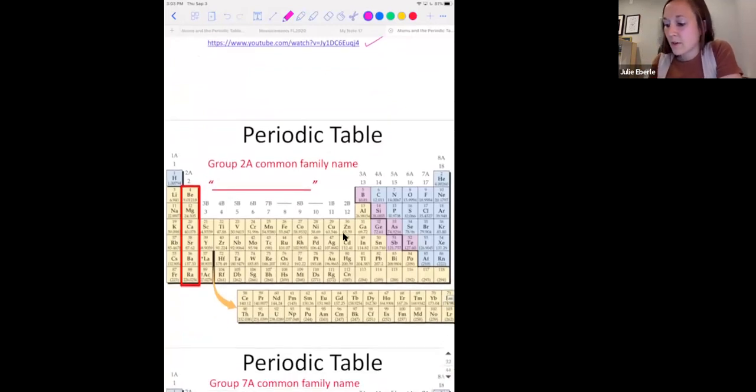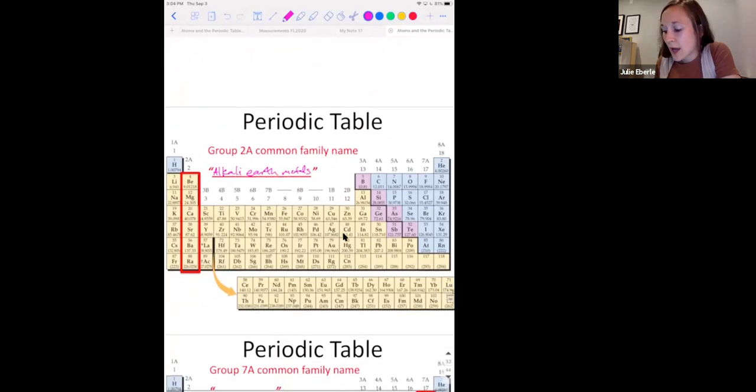Group number 2, common family name. These are the alkaline earth metals. Very similar name to the alkali metals, and similar to them, they're also very reactive. They're not as reactive, so we're going to say they're less reactive.